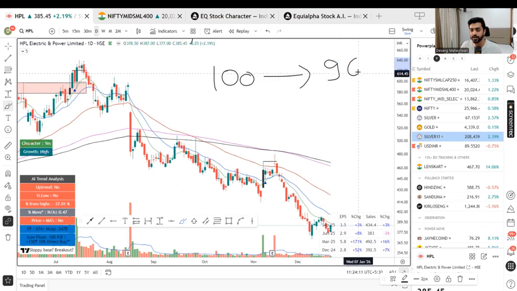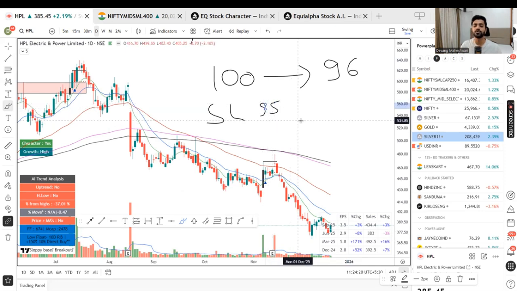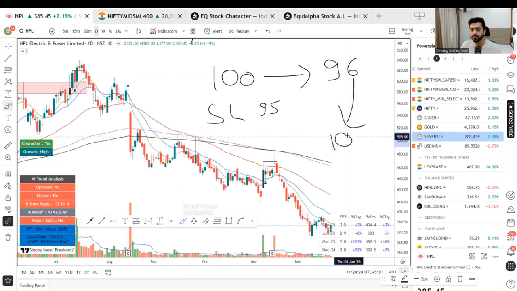Your stop was at 95. So you are holding the stock and now it's 10% down. So what will be 10%? 96.5 rupees around, it will come to 86 rupees around.